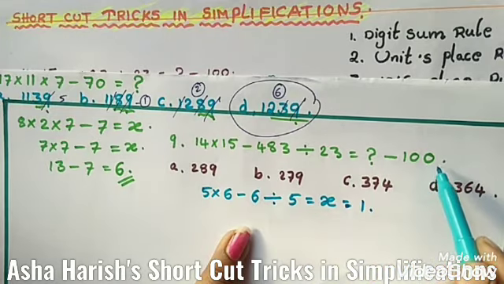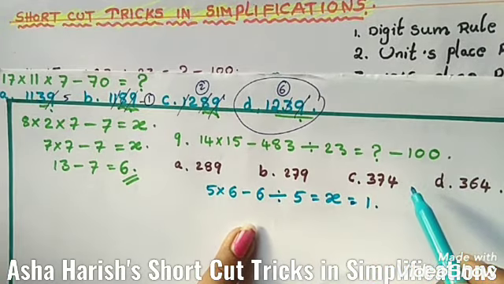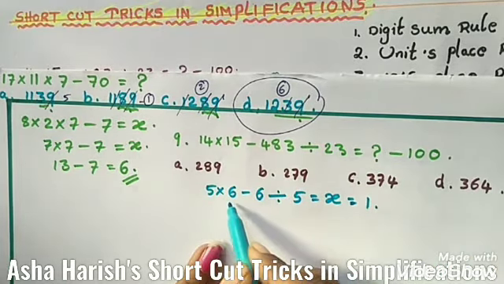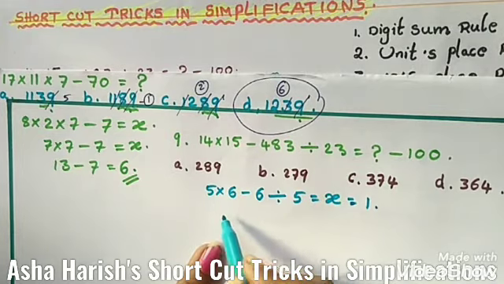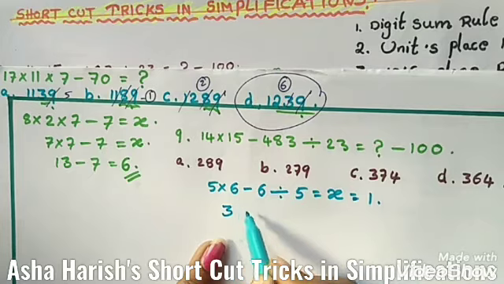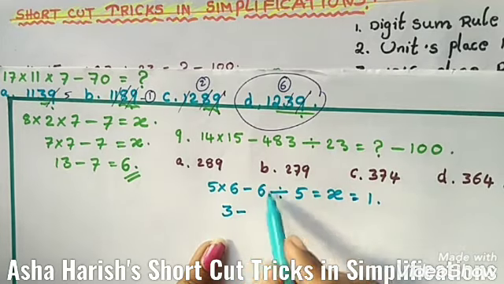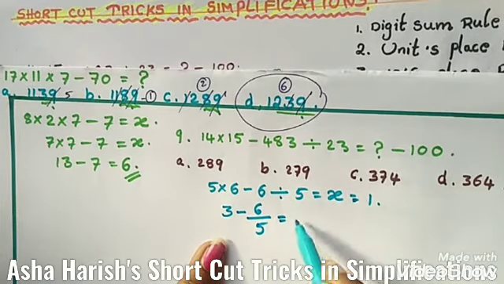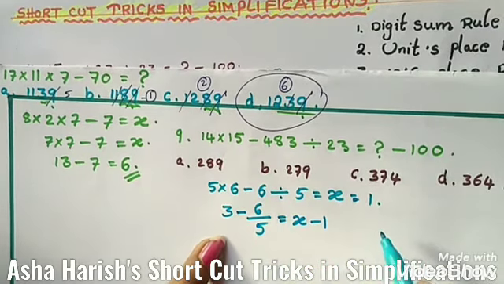Why? Because 1 plus 0 plus 0. So now in this question, 5 into 6, 30. 30 means, according to the digit sum rule, 3 you have to take, minus 6 by 5 is equal to x minus 1.